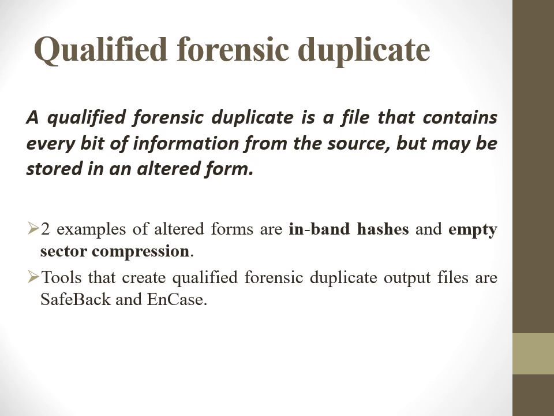However, this time it's not in a raw bit stream format, but may be stored in an altered form. And we're basically saying there are two examples of altered forms: we have what we call in-band hashes, and we have what we call empty sector compression.